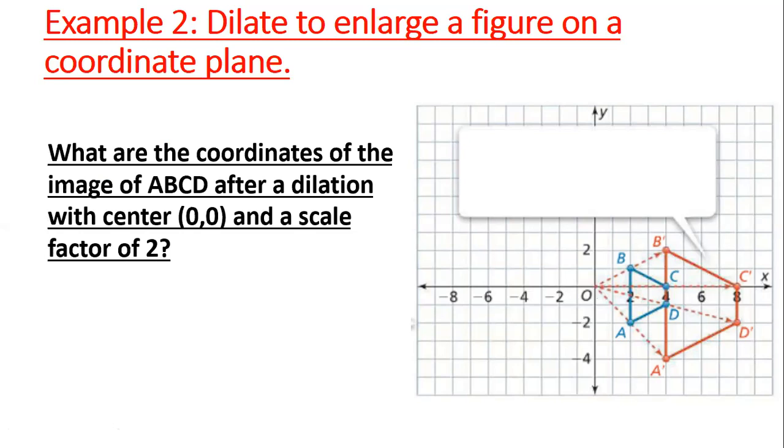So this scale factor is greater than 1 or less than 1? Greater than 1, yes. So what do you think? Is there a relation between the scale factor and the type of dilation? I guess yes. Okay, what's going to be this relation?